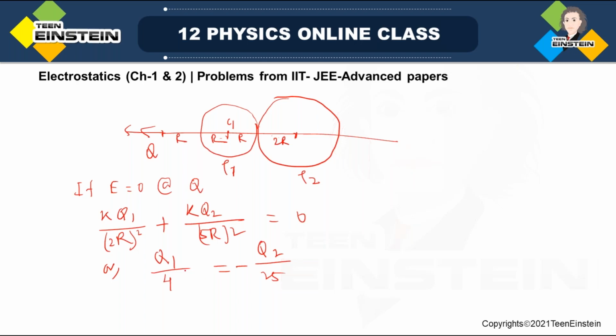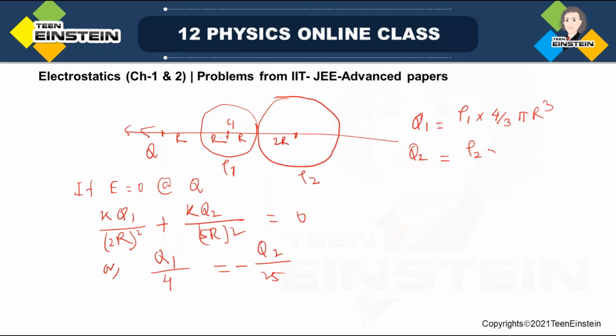Now look what we can do. We can just put the Q1 and Q2 values. What is Q1? Q1 is rho 1 into 4 by 3 pi r cube. And what is Q2?